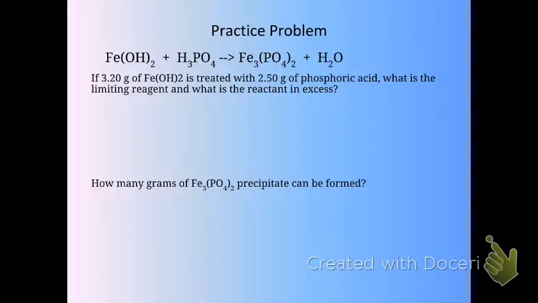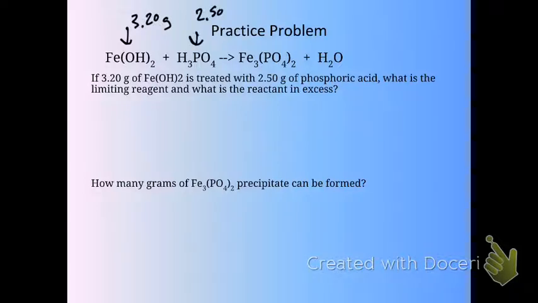It says if 3.20 grams of iron 2 hydroxide is reacted with 2.50 grams of phosphoric acid, what is the limiting reagent and what is the reactant in excess? We have 3.20 grams of this and 2.50 grams of phosphoric acid.